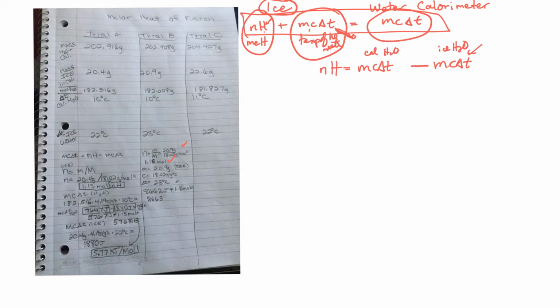N is the number of moles of ice that I have, and you've calculated that right there. That looks beautiful. It looks like 1.16. So that's 1.16 moles times the molar heat of fusion of ice, which we don't know yet.